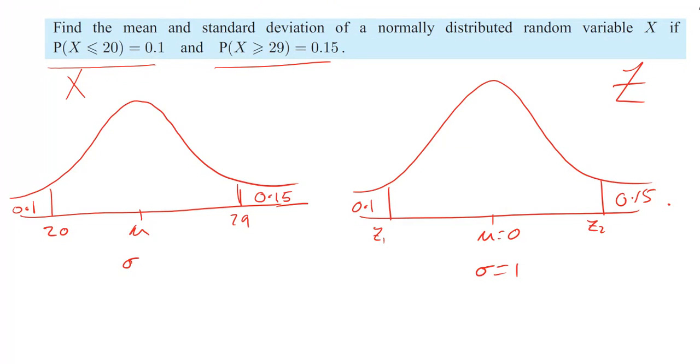On that button, if we press that, we end up with negative 1.282 as our result. And again, for Z2, we say mean is 0, standard deviation 1, probability 0.15 with the tail to the right. And if we press that, we end up with 1.036. So you're getting those from that inverse normal button.